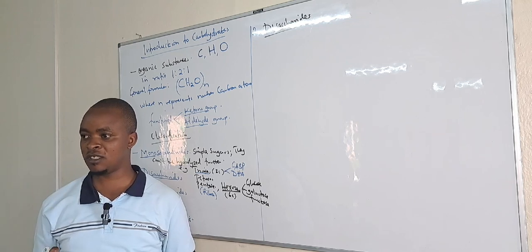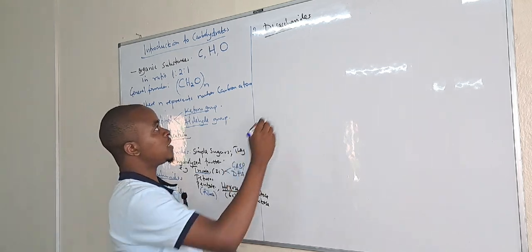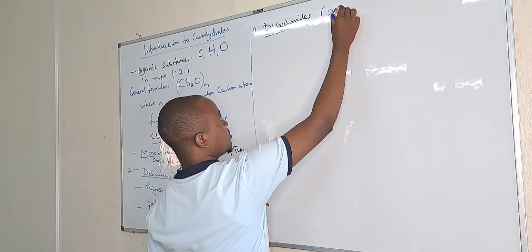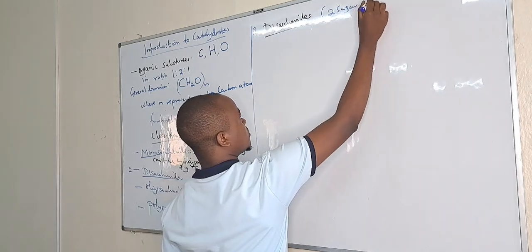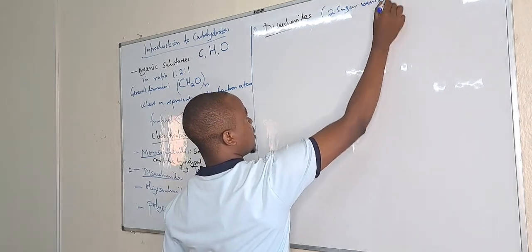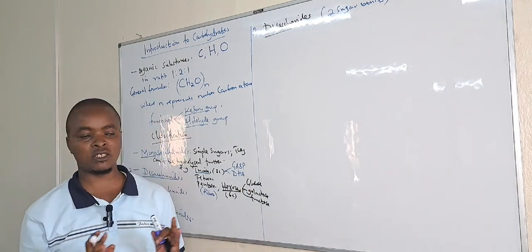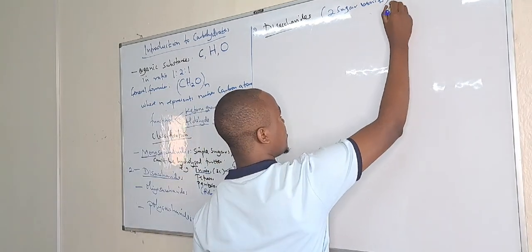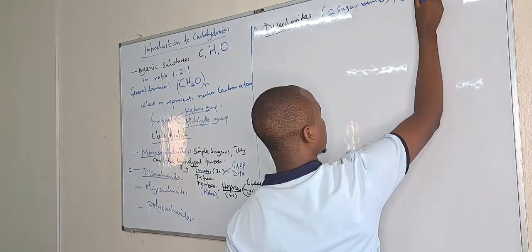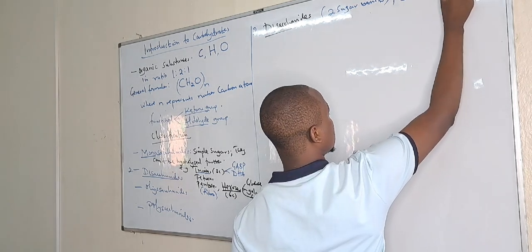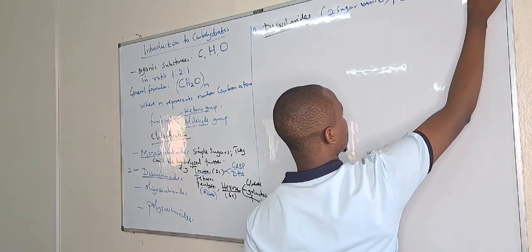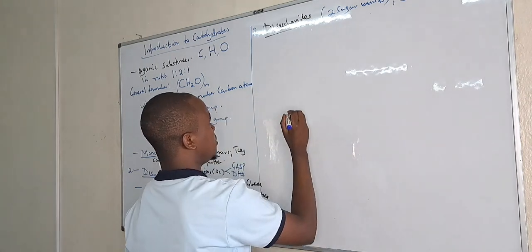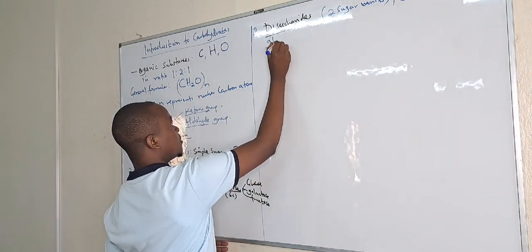Di means 2, isn't it? So these are made up of 2 sugar units. And because they are made up of 2 sugar units, these 2 sugar units are joined together by a glycosidic bond.